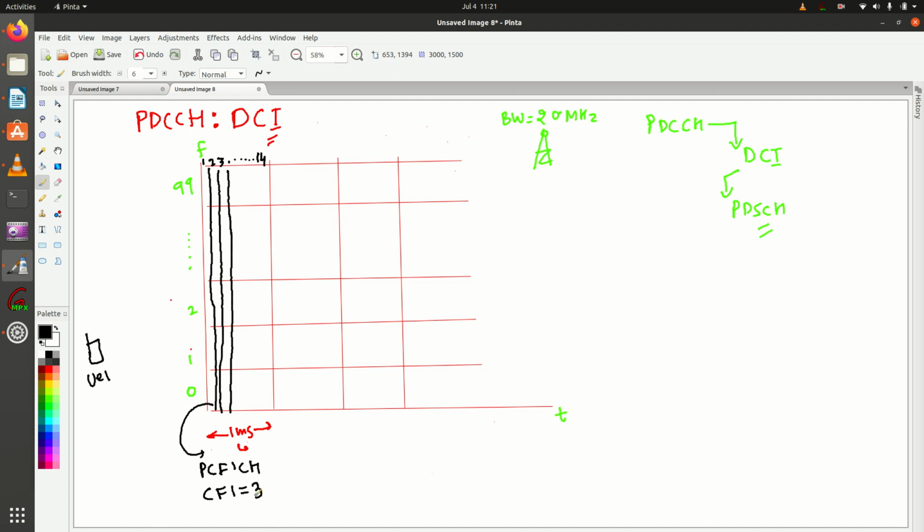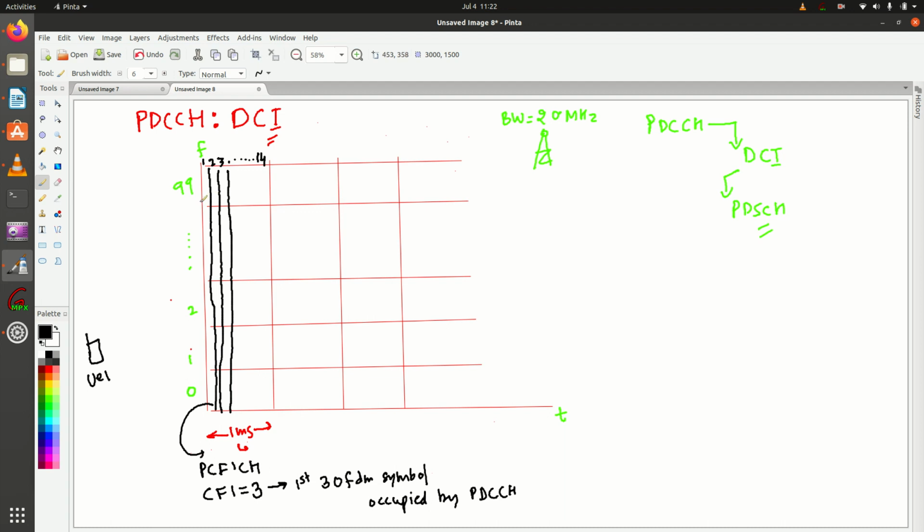So 3 means the first 3 OFDM symbols are going to be occupied by PDCCH. So you will decode the PCFICH and find out that the first 3 OFDM symbols are occupied by PDCCH, so I have to look for PDCCH in these 3 OFDM symbols.